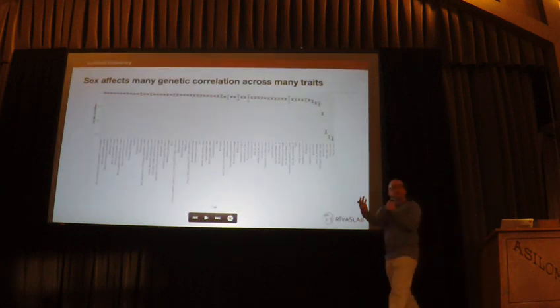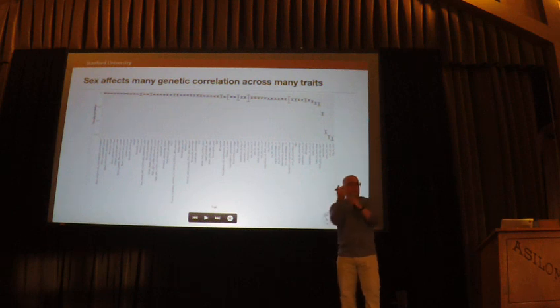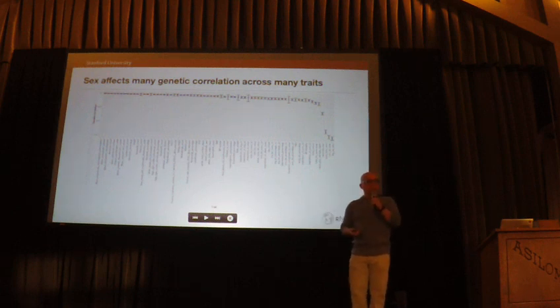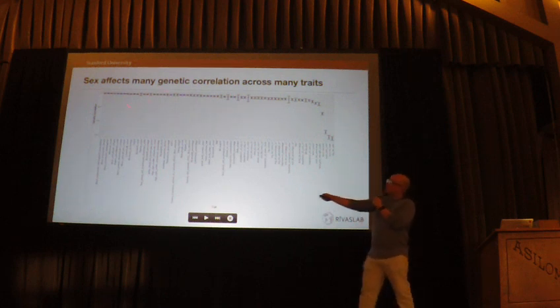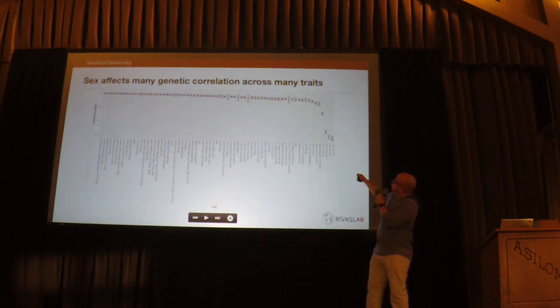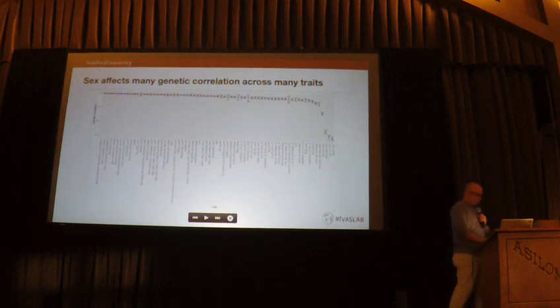So not only does she focus on those traits that have been reported in the literature, where they've done the comparisons of the genetic architecture across both males and females, she's also able to take this very rich phenotyping data from the population biobank and also estimate these parameters across more than those traits, and identify sets of traits where the correlation of genetic effects is less than what you'd probably anticipate to see.